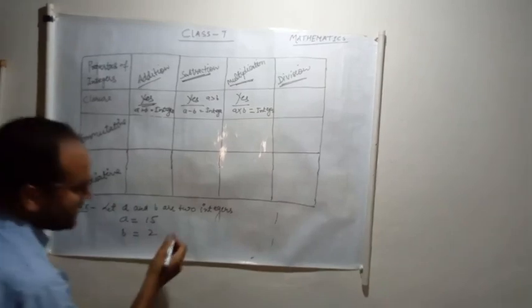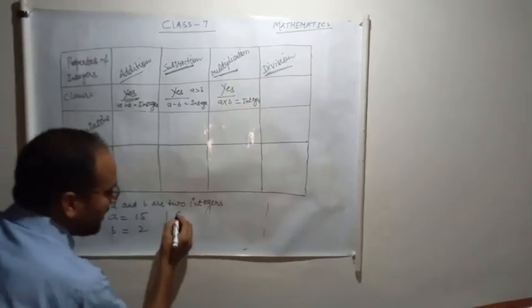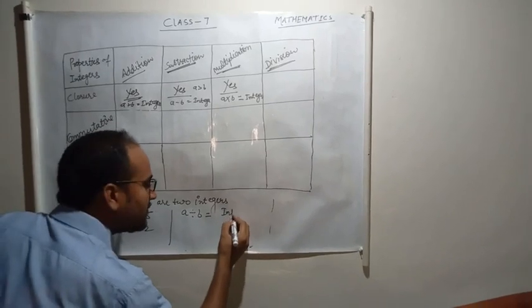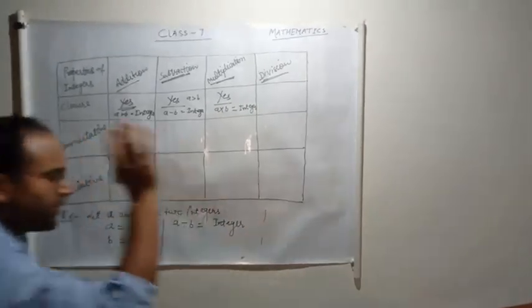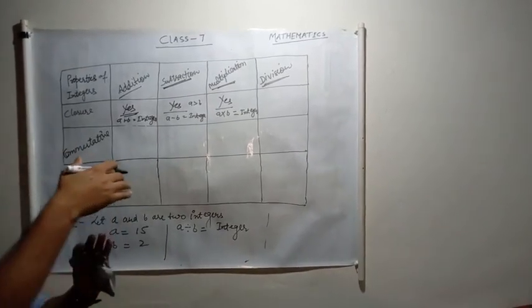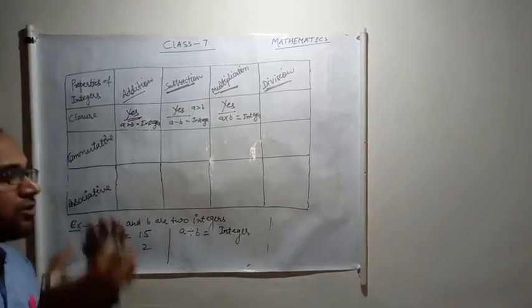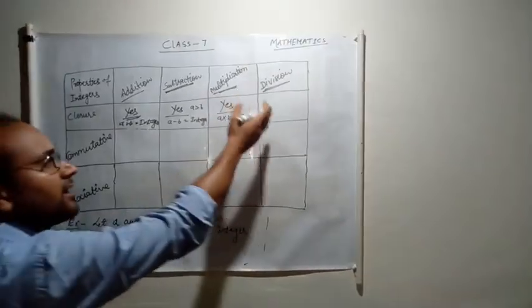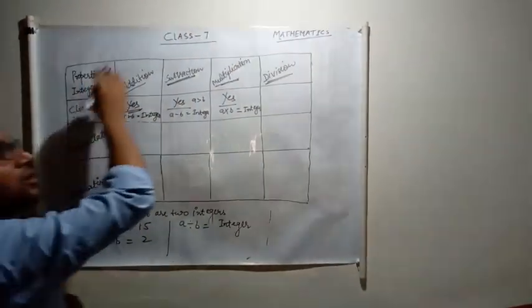Listen students, for division, if a divided by b gives an integer, then we can say that yes, closure holds for division. Not for only one case. If you get an integer in one case, you cannot conclude that. If it holds for all integers, then we can say that closure holds for division also.